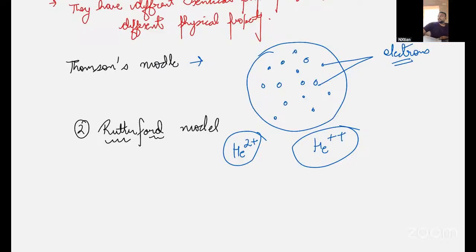Correct. So basically, when it is asked, where is the electron, the answer is that the electron is revolving around the nucleus. If it is revolving, if it is doing some motion, it radiates energy.